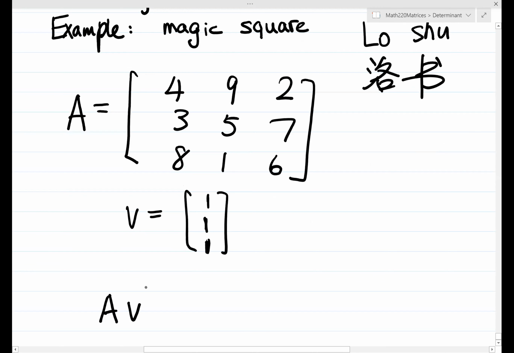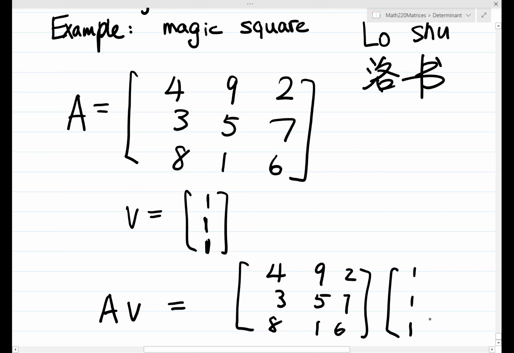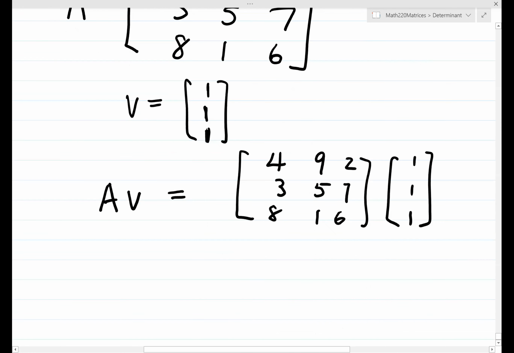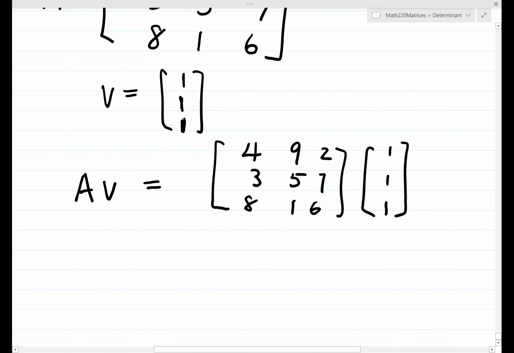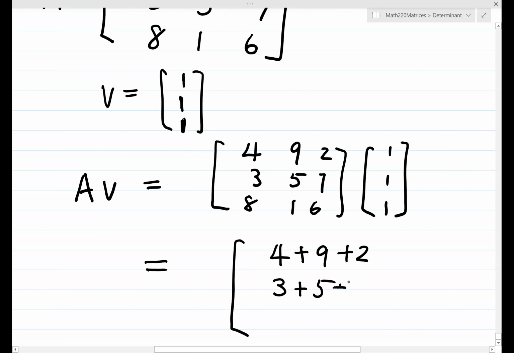How do you get AV? AV is this matrix 4, 9, 2, 3, 5, 7, 8, 1, 6 times 1, 1, 1. So this means we sum 4 plus 9 plus 2, 3 plus 5 plus 7, and 8 plus 1 plus 6.